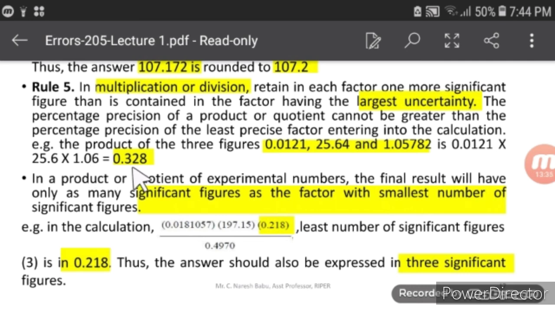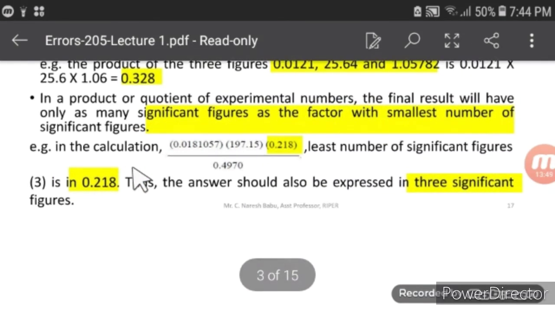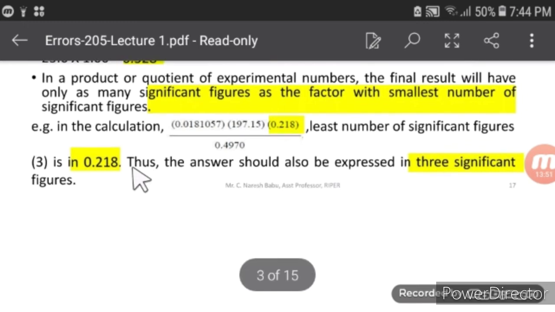So our answer should match with the largest uncertainty value in multiplication, right? And for division there is a rule.